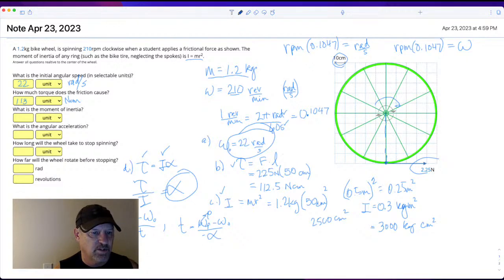And then how far will the wheel rotate before stopping? So distance, or theta, equals, and we could do this a couple different ways.